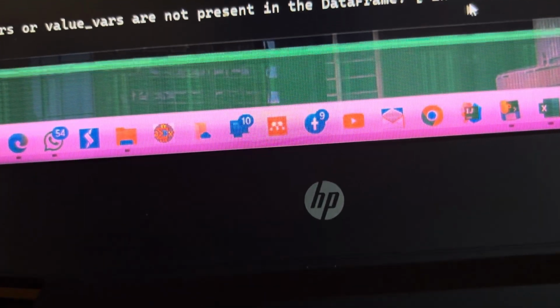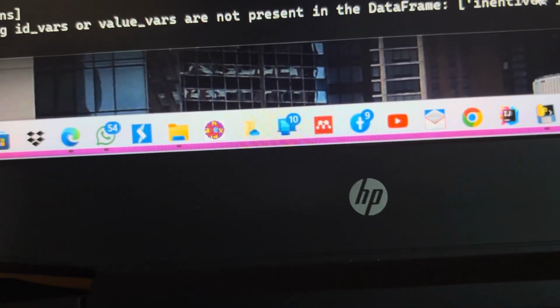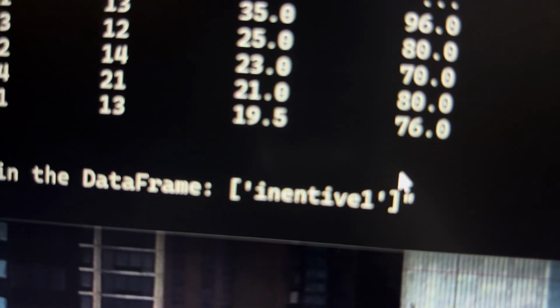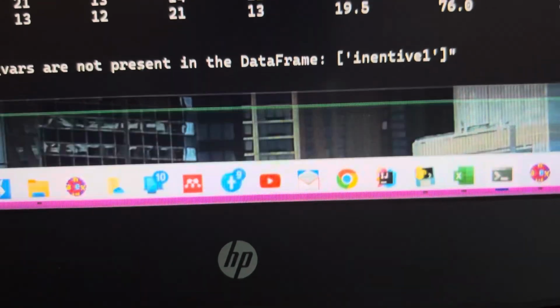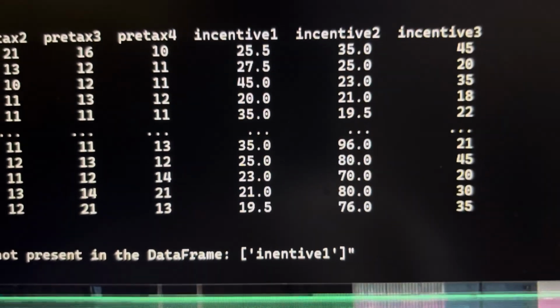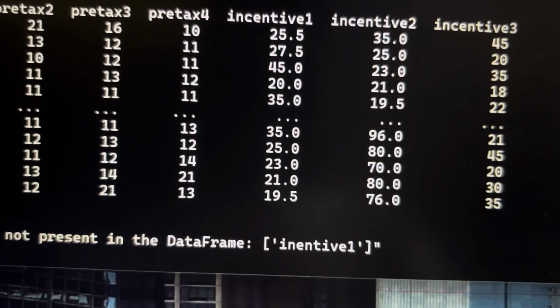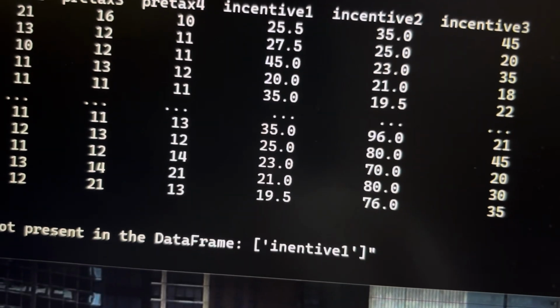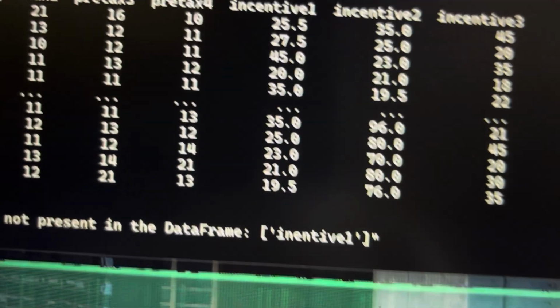Okay, that have incentive. We made a mistake. You can see we didn't type the names very well. So for that reason, it did not process. So I have to go back to do the needful again. You see, this is one of those things that I talked about.